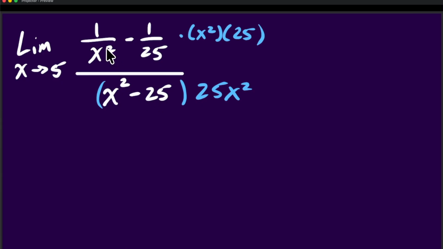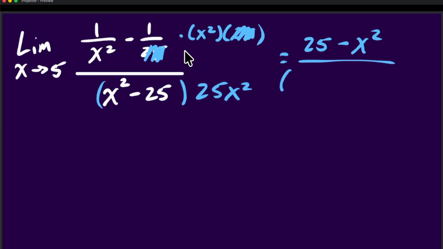Okay, on the top, when we distribute, first we're going to put our thumb over the x squareds, and that's going to distribute and give us 25 for the first term. Then for the second term, as we distribute the -1 over 25, we're going to put our thumb over the 25s, and we're going to end up with -x squared.